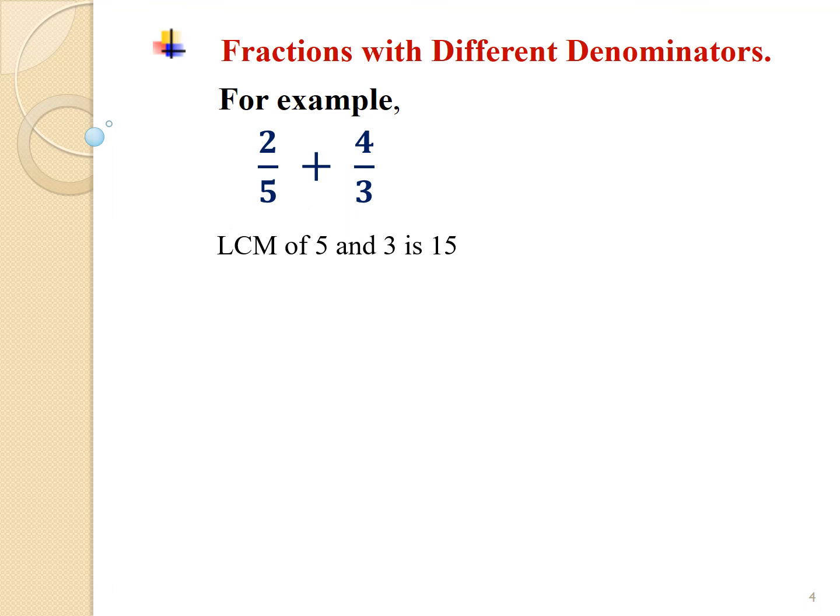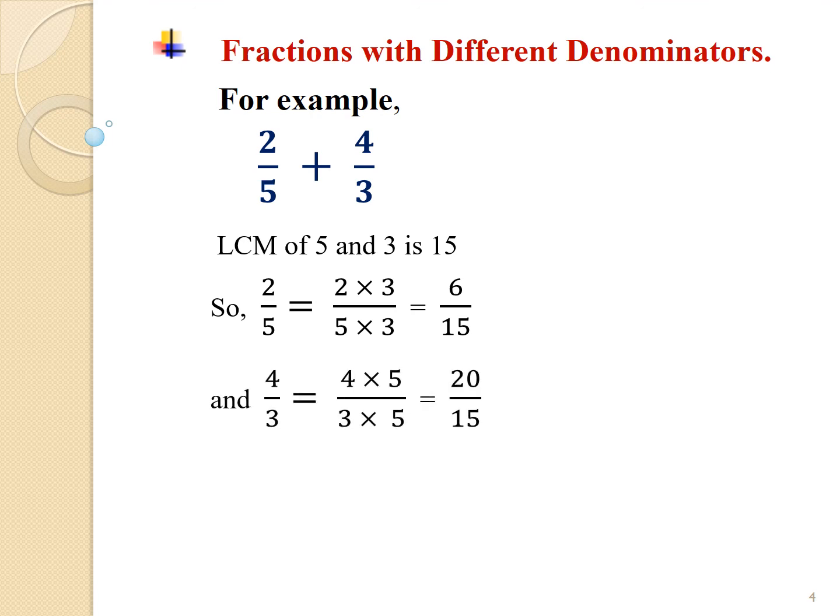Students, now we have to find the equivalent fractions of 2 upon 5 and 4 upon 3 with denominator 15. As LCM is 15, multiplying 2 upon 5 by 3, we get 6 upon 15, and multiplying 4 upon 3 by 5, we get 20 upon 15.